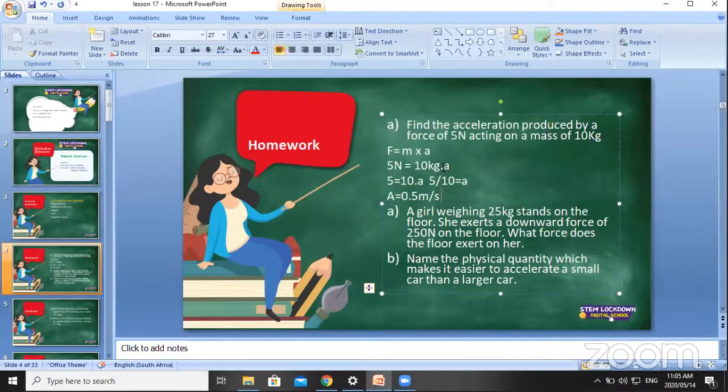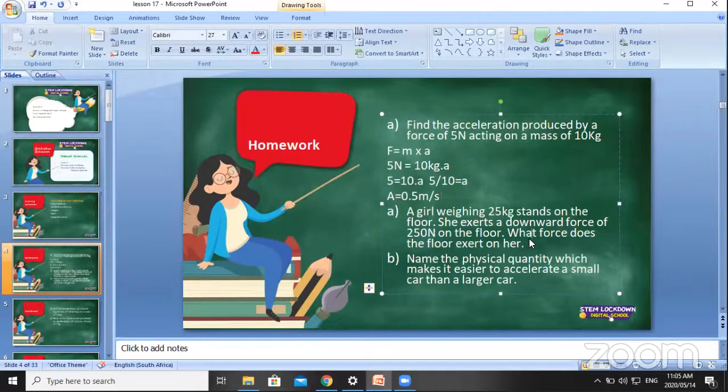Remember that 10 is for mass. Mass multiplied by acceleration, we get 10A. That's why I wrote 10A here. I said 5 is equal to 10A. We want A, so we divide by 10 both sides so that we get the answer for acceleration. Oh, thank you, sir.